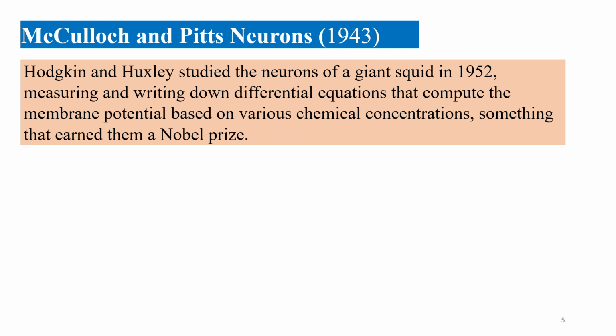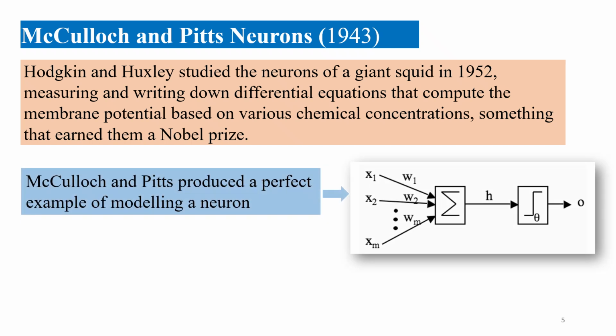Now we want to see the first simple model which tried to give the working of a neuron, McCulloch and Pitts neurons in 1943. Other scientists also had tried to even study the neurons of animals, and they measured differential equations, how the membrane potential changes and so on. But we will leave it at that, and we will look into the McCulloch and Pitts model.